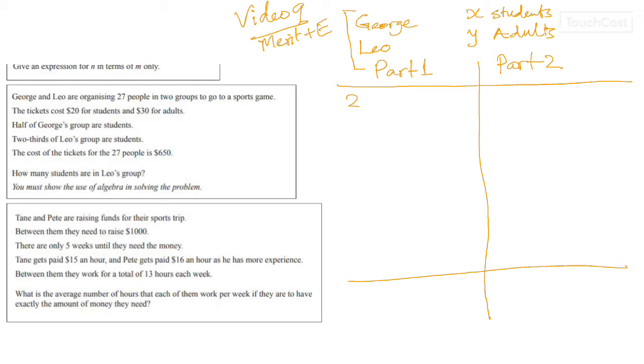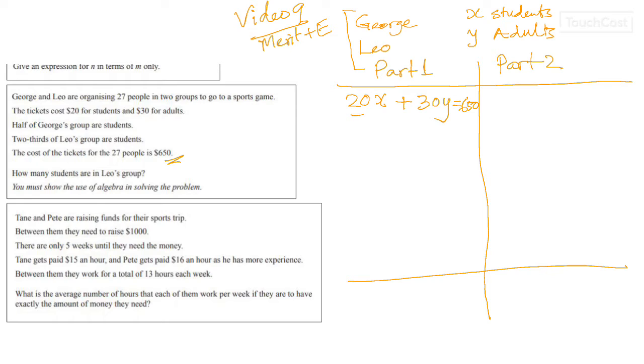So 20 times x, if x is the number of students, I need to write that down, plus 30 times y, that number of adults. That should equate to that costing $650.